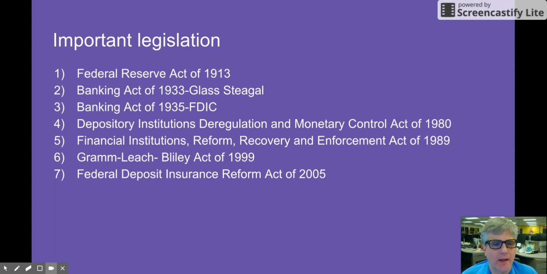Then in 1999, the Gramm-Leach-Bliley Act of 1999 got rid of Glass-Steagall and basically set us up for the problems that we had in 2008, 2009 with banking and derivatives and bad money. And then we have the Federal Deposit Insurance Reform Act of 2005. That's where our money was actually insured up to $250,000 per account title. It used to be $100,000, now it's $250,000.